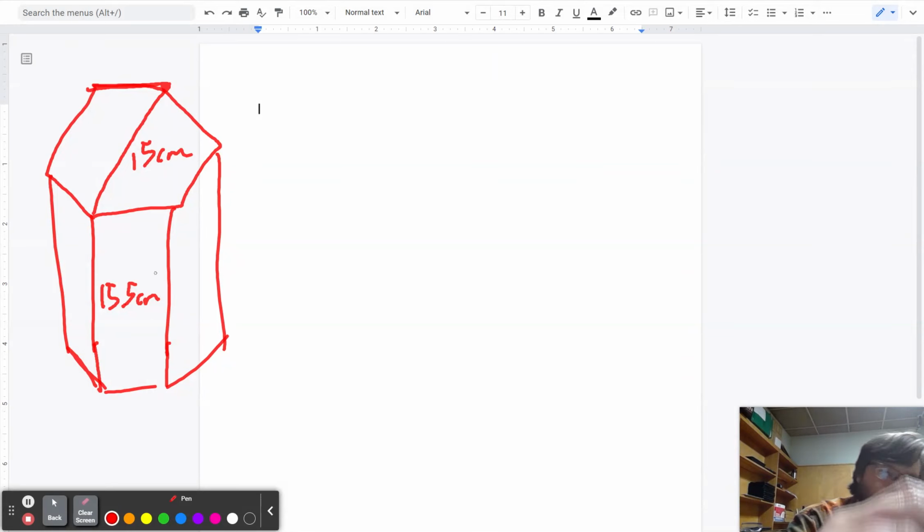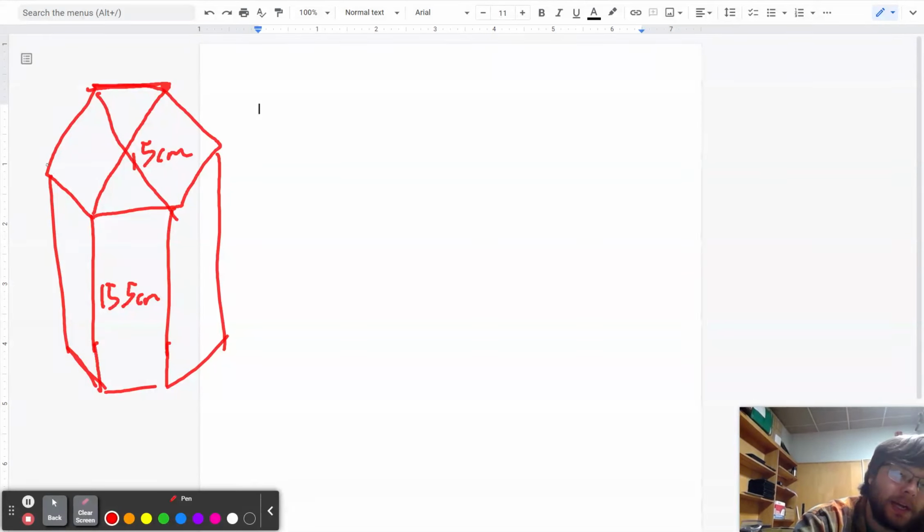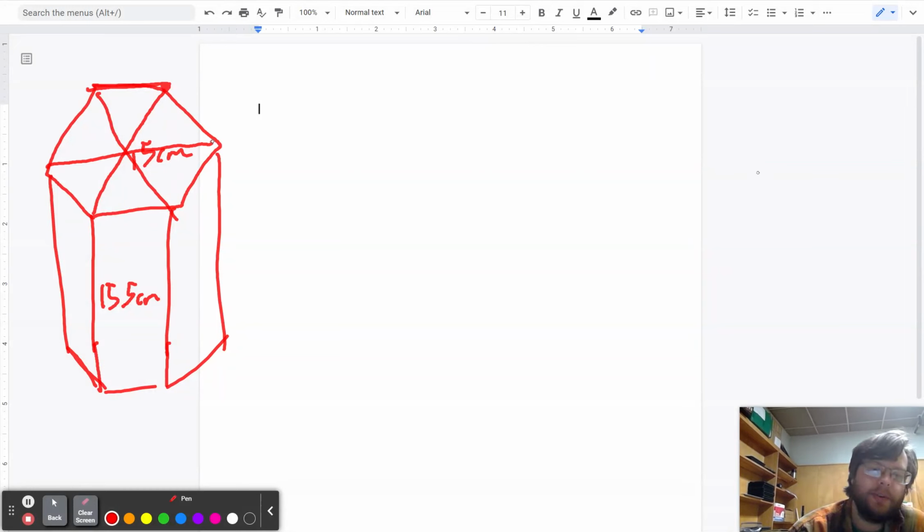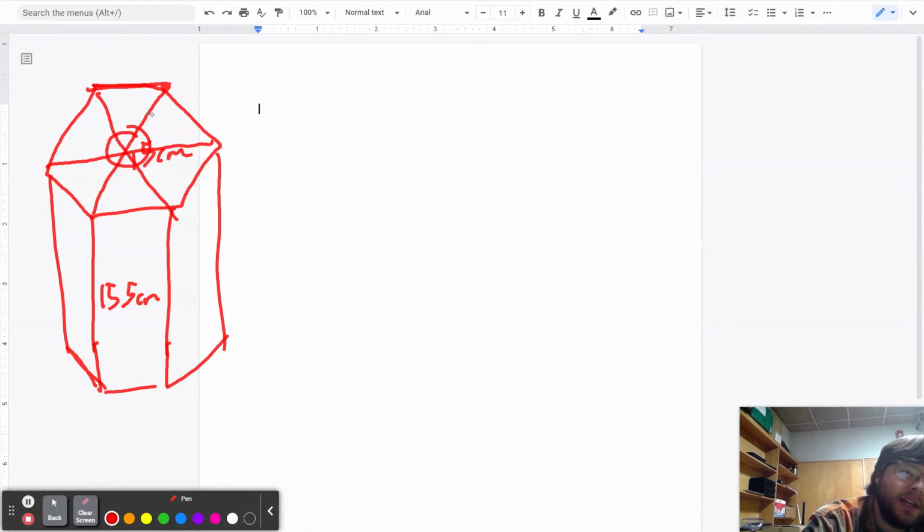And so if I cut the top up into six little congruent triangles, then I know that each of these degrees here has to add up to 360 altogether. So there's 60 degrees in each of them. And because it's regular, I also know that these all have to be 60 degrees. So that's really nice.